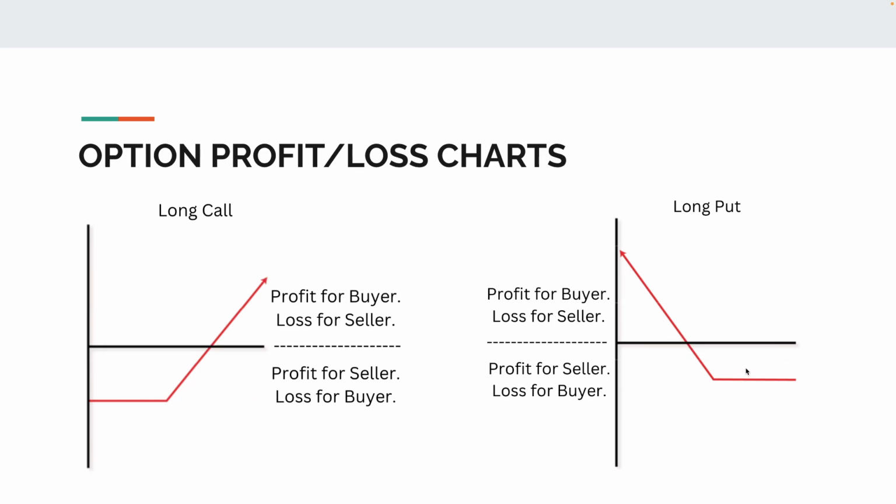Now, same thing for the put. Again, the put person is bearish, so they are profiting when the stock drops in price. When the buyer is profiting, that means the seller of the put is losing money. And here, when the buyer is losing money, that's where the seller is profiting.